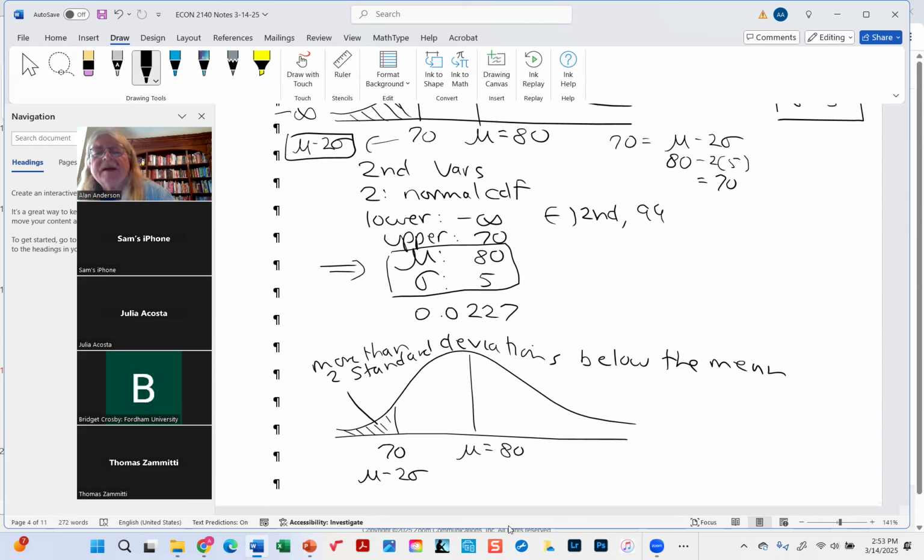So we just concluded, let's go back to the top for a second. The probability of X being less than or equal to 70 is 0.0227, right?